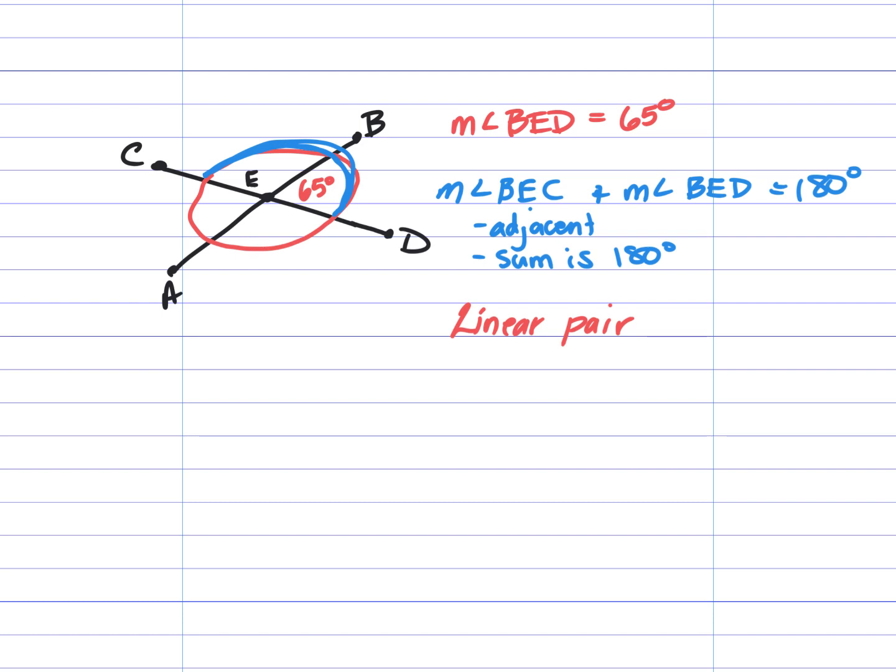All right, so in this example, we have a linear pair, and our linear pair would be angles BEC and angle BED. Okay, so what is the measure of angle BEC? Well, if we know that both angles total to equal 180, then 180 minus 65 will give me my degree measure for angle BEC.